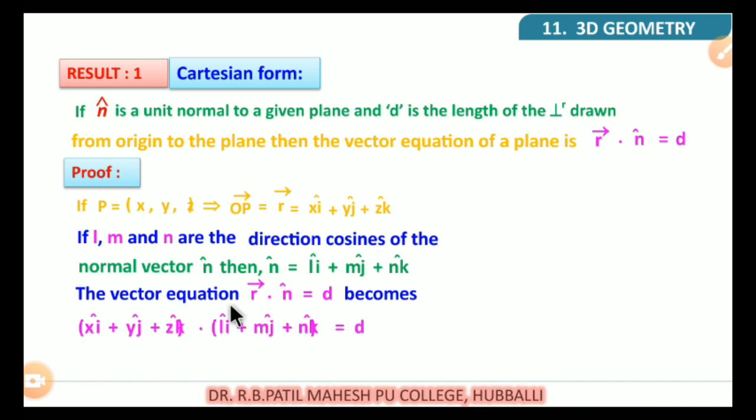Now we make the dot product, just considering the scalar components of these two vectors: x into L, xL plus y into M plus z into N.